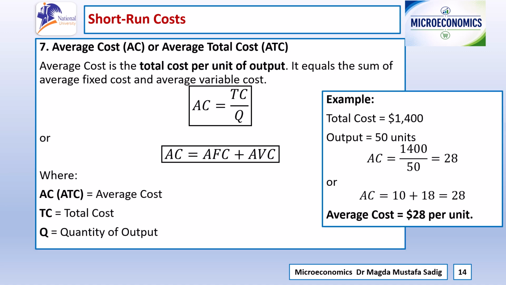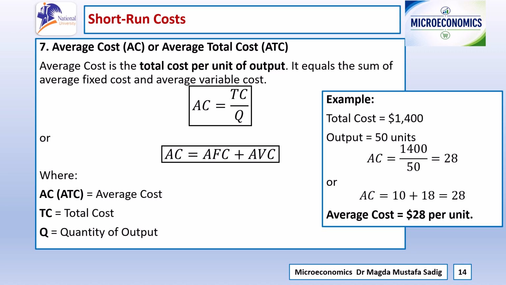Average cost, which is also called average total cost, tells us the total cost of producing one unit. The formula is average cost equals total cost divided by quantity of output produced. So it can also be calculated as average fixed cost plus average variable cost.